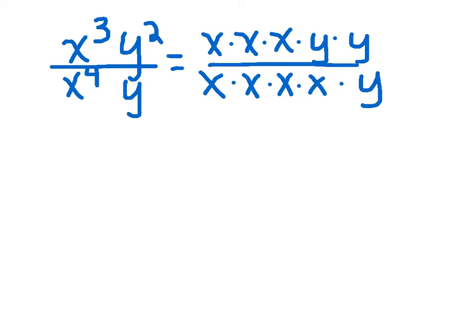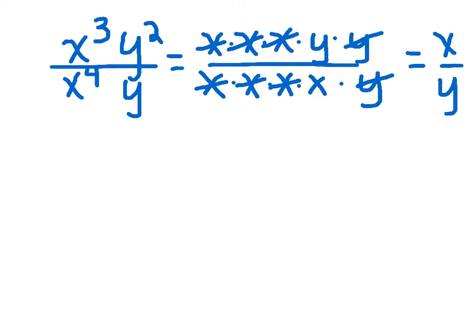I may not know specific values for x or y, but I do know that any number divided by itself equals 1. So I can cross that out, knowing that it equals 1, and again, and again, and again. So what I have left is x over y.